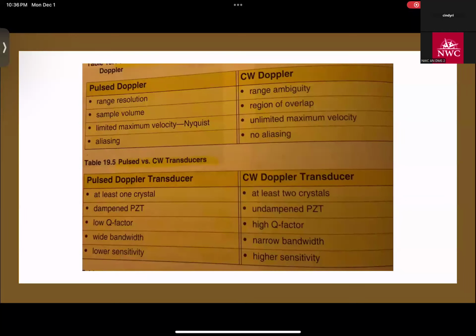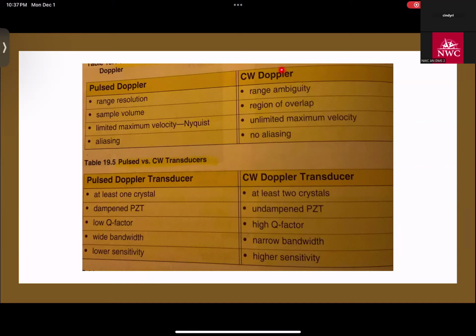Here's a little chart of the different types of Doppler. It's very, very condensed. As you can see, there's really no explanation, but what I like about it is just the simplicity. So for example, if the test is talking about range ambiguity, immediately your brain should go to continuous wave Doppler.